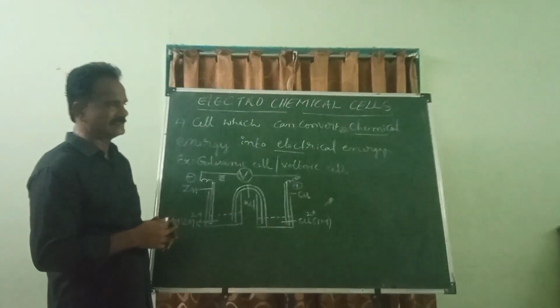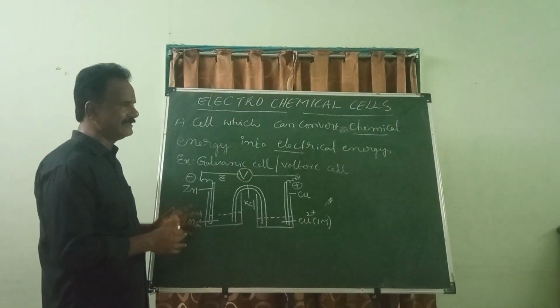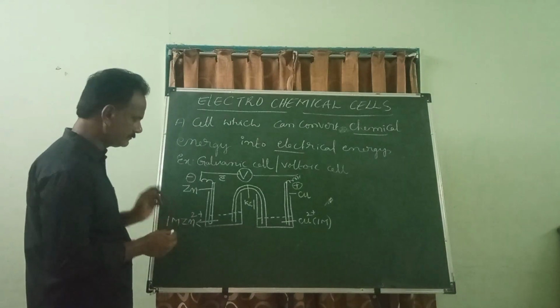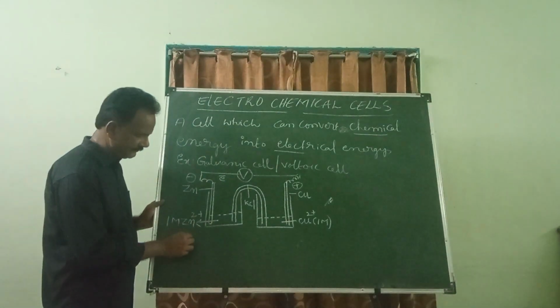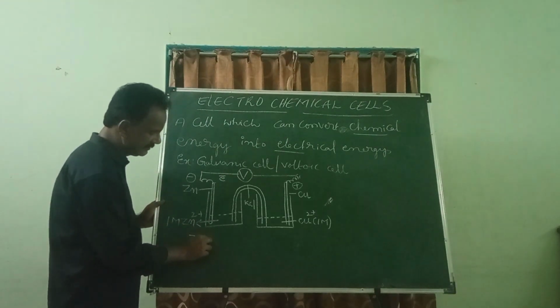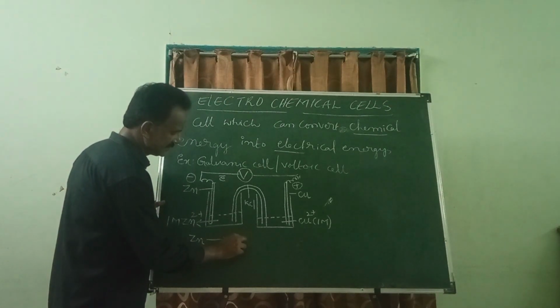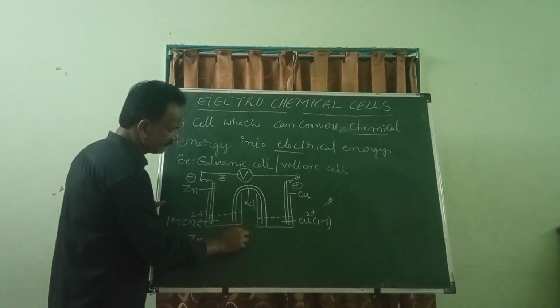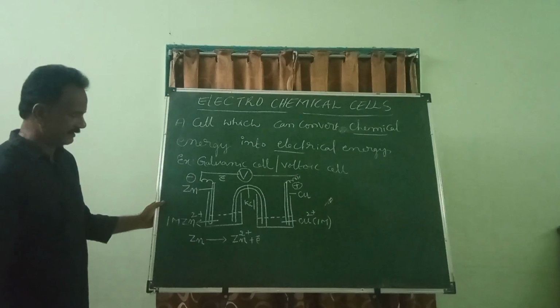Now let us consider the reactions that take place at anode side and cathode side. At anode side, oxidation will take place. Zinc loses 2 electrons and forms Zn2+ ions.